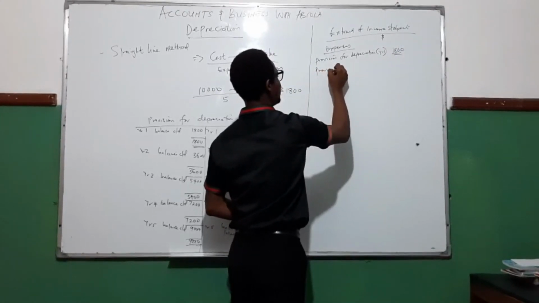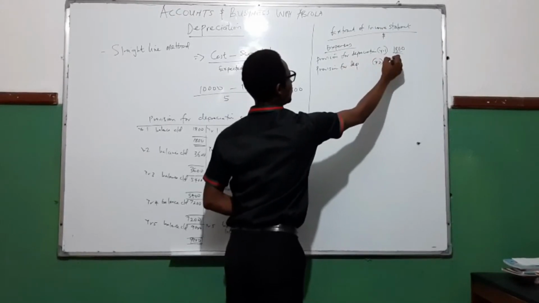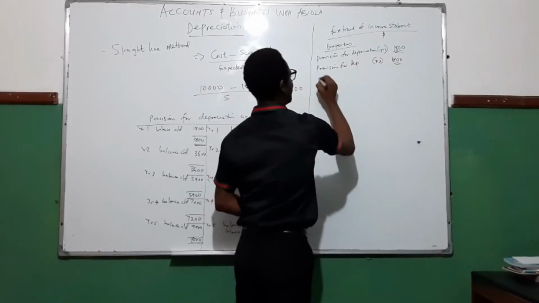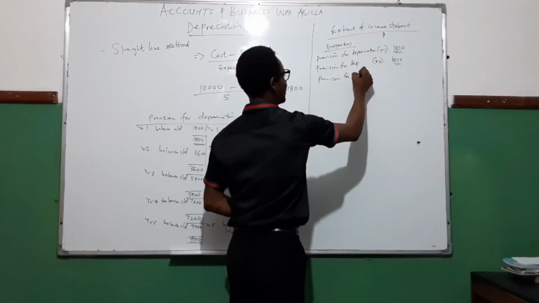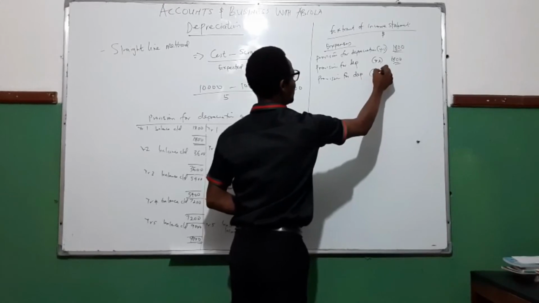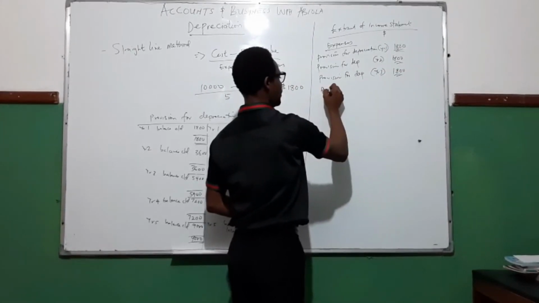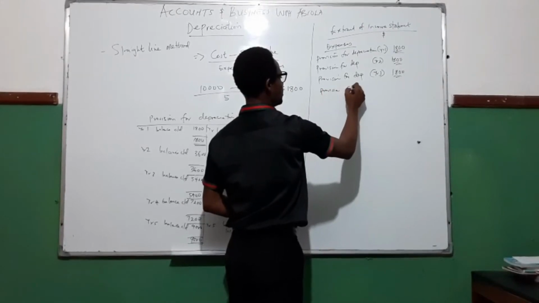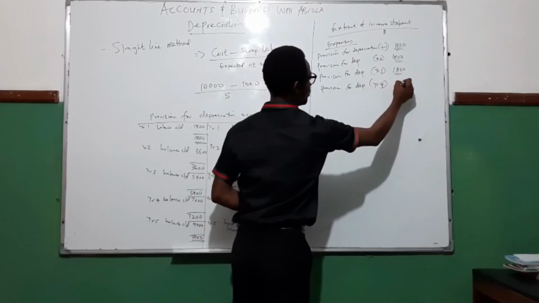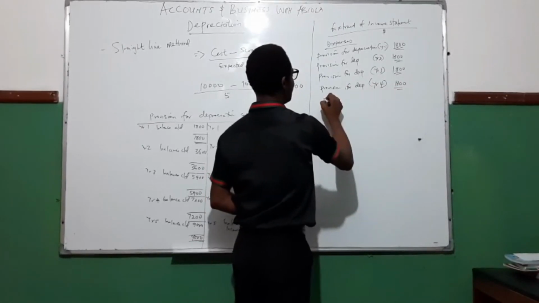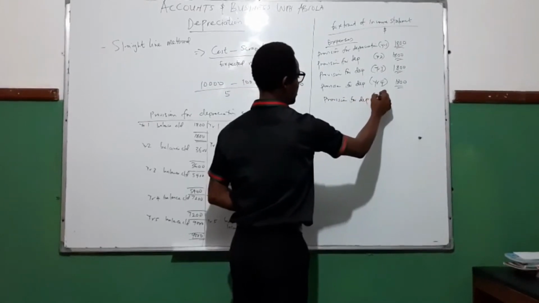Provision for depreciation for year 2 is the same amount. Provision for depreciation, if the account is prepared for year 3, will be 1,800. Provision for depreciation for the income statement of year 4 will be 1,800. The same thing for the 5th year.